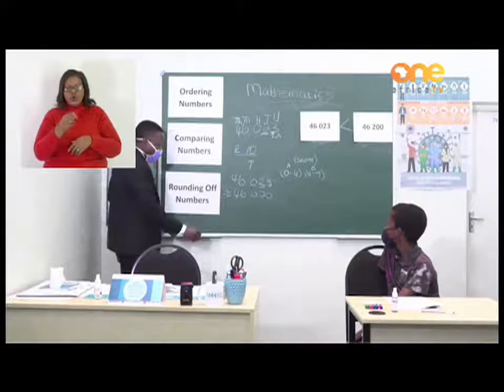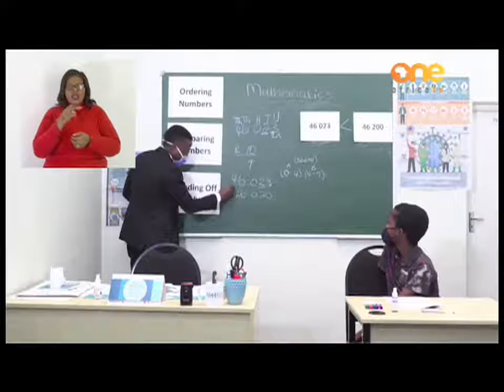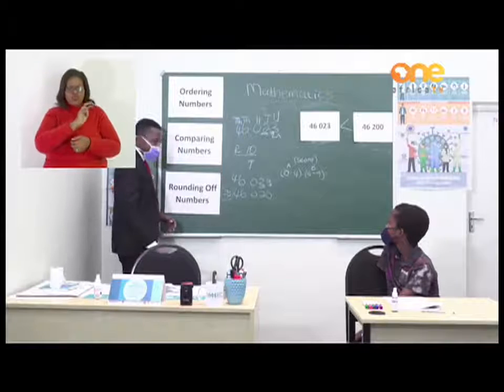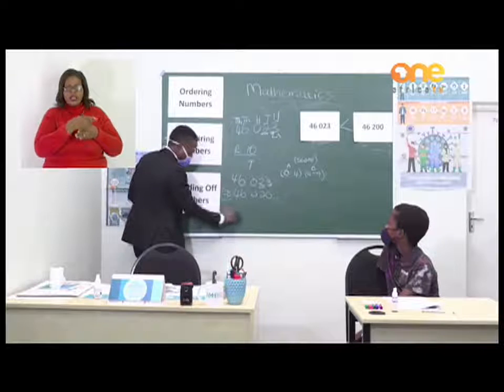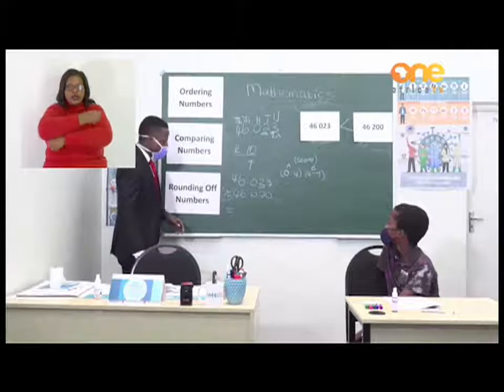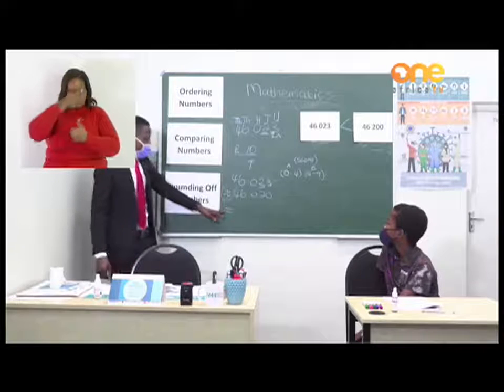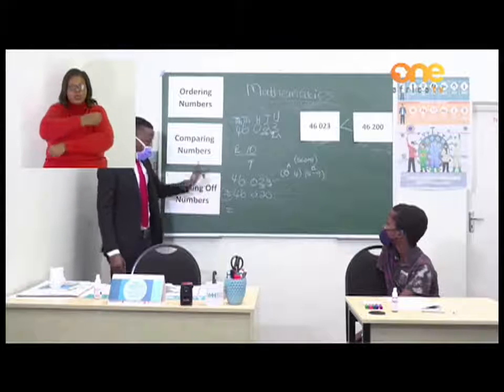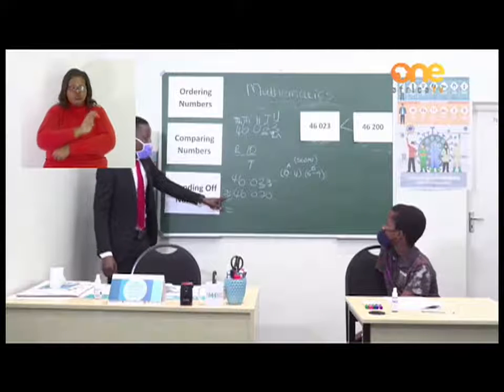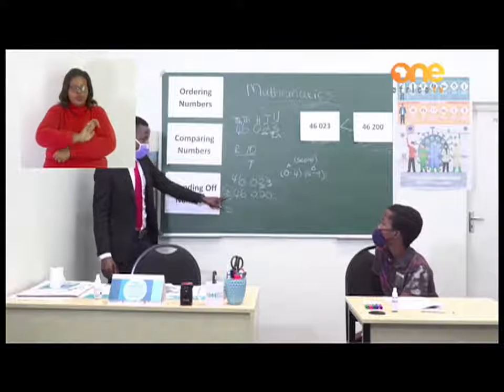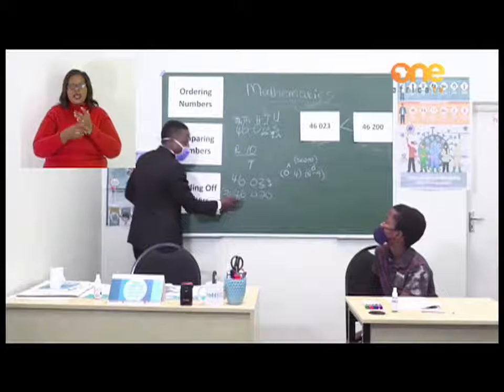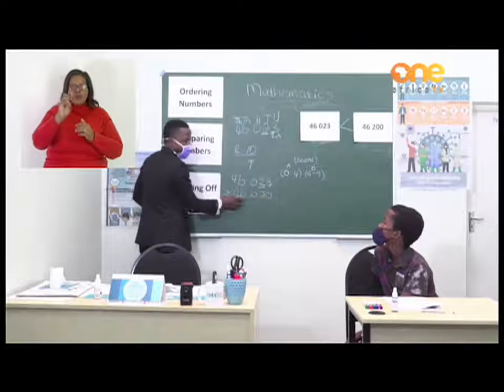Now, if you look at this sign which I just put here, it's not an equal sign. Remember about the equal sign or the equal to. This is called approximation. This is not an actual answer.